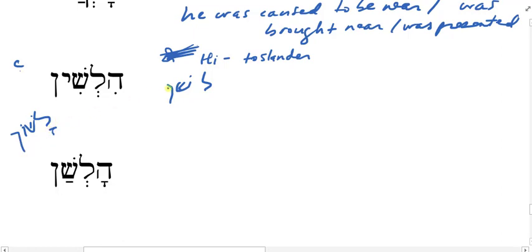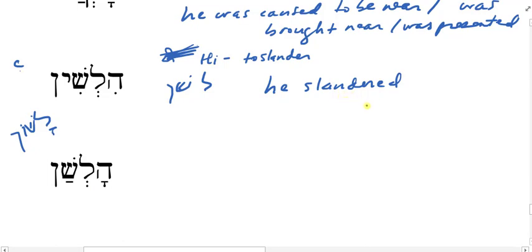Okay? To lashon in the Hiphil means to do something bad with your tongue, to slander. So how am I going to translate hilshin? He slandered. Okay? Now, there is no causative notion here.